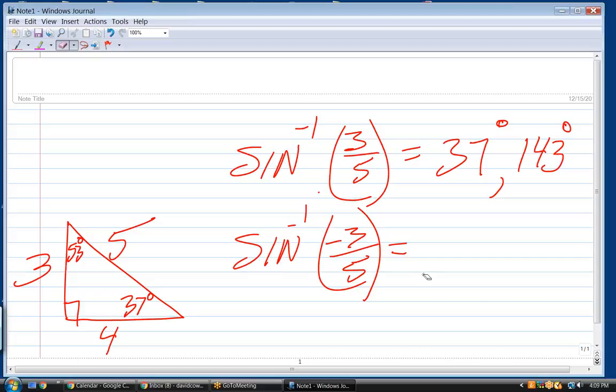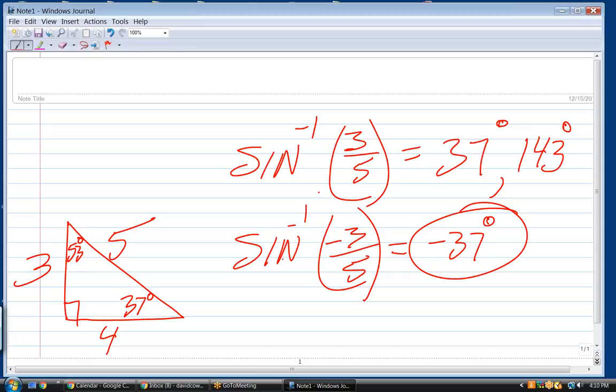It's important to know that your calculator is not giving you all the answers in the unit circle. It's not giving you all the answers between 0 and 2 pi. It's only giving you the first quadrant answer. You have to know that the second quadrant answer is also a possible answer. Just like if I had this one, it would actually give me minus 37 degrees, but that's fourth quadrant. It would not give me the third quadrant answer.